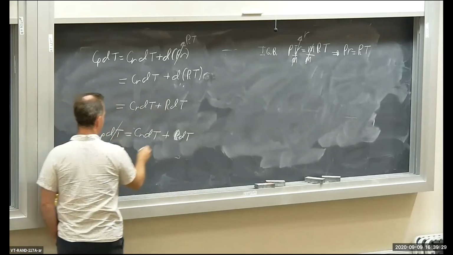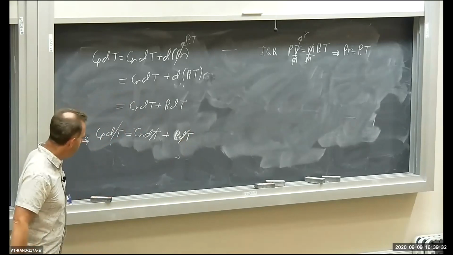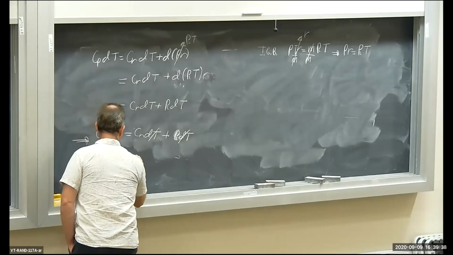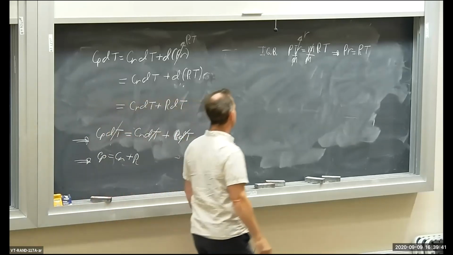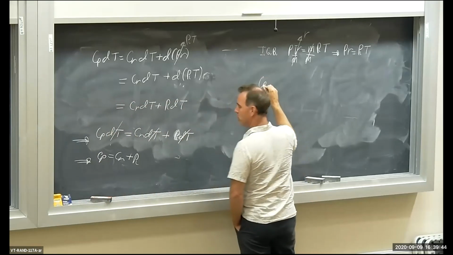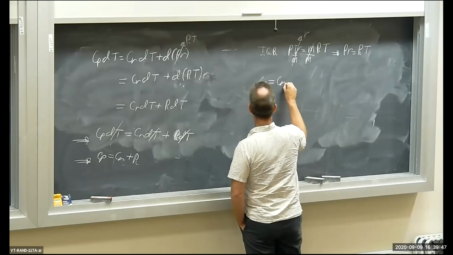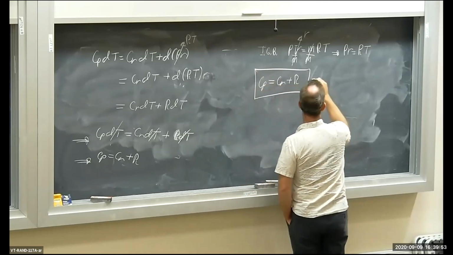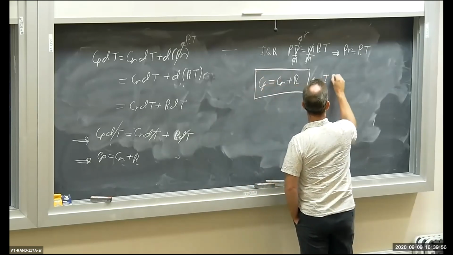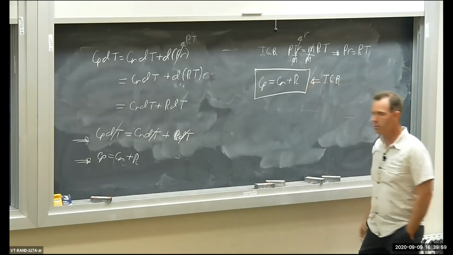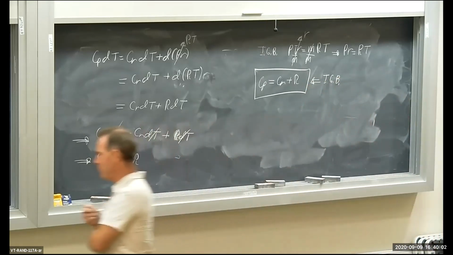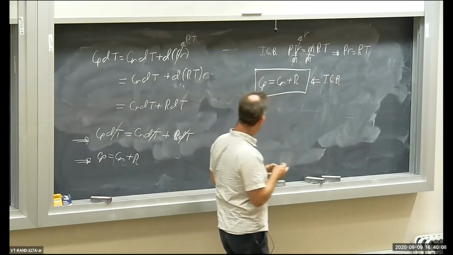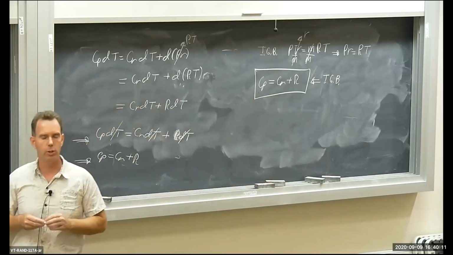Let's cancel out the differential change in temperature. What do I have left? Cp is equal to Cv plus R. So for IGB, the relationship between Cp and Cv is Cp is equal to Cv plus R. Put a box around it. This is valid for ideal gas behavior, okay? So if somebody gives you a gas and they only give you the specific heat at constant volume, and you have to find the specific heat at constant pressure, boom, there you go. You can use that equation.